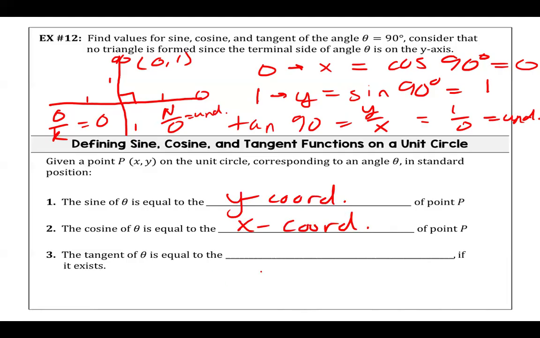And the tangent is y over x, if it exists. We say if it exists because it's okay for 0 to be in the numerator, it's going to equal 0, but it's a no-go for 0 to be in the denominator. It's going to be undefined, which is why it says if it exists.